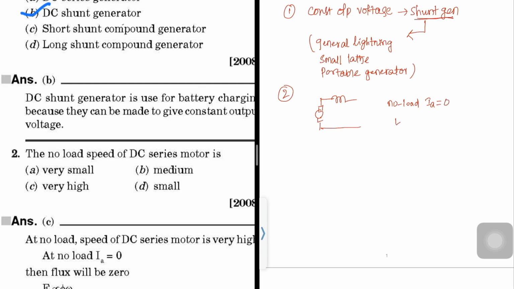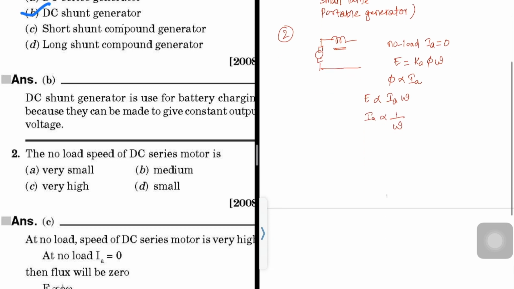We know that E equals Ka phi into omega. The field is in series with the armature current, so the field flux is also proportional to the armature current. So E is proportional to armature current into omega, so the armature current is proportional to 1 by omega. If it is zero, then this will be infinite, right?